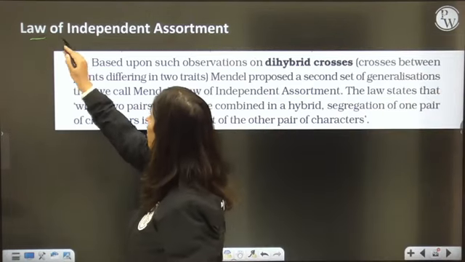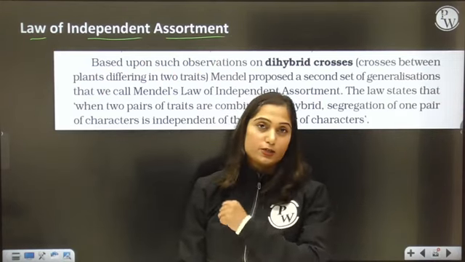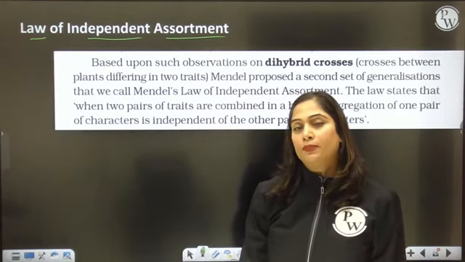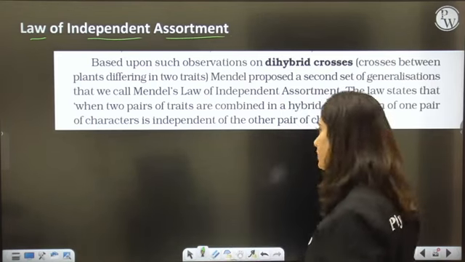Now, the law of independent assortment. This is based on the dihybrid cross. What does it say? Let's read the lines of NCERT first.